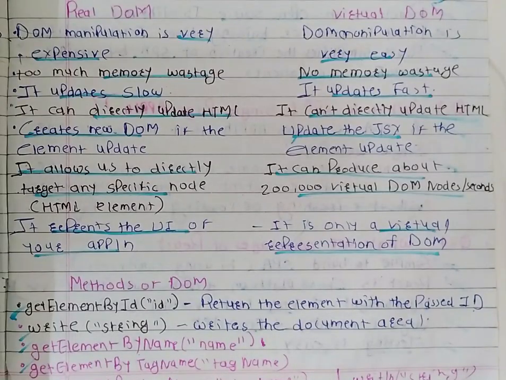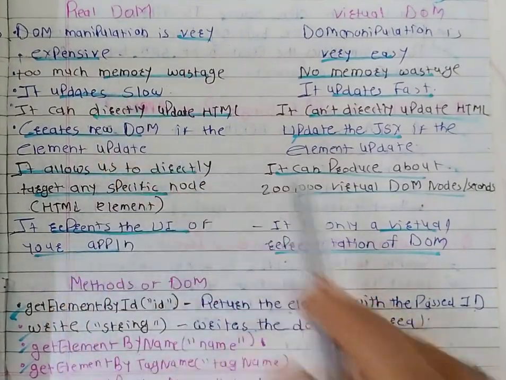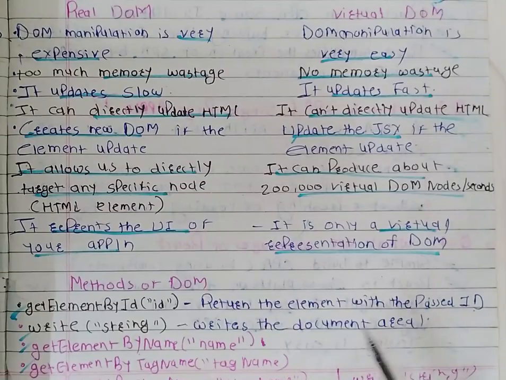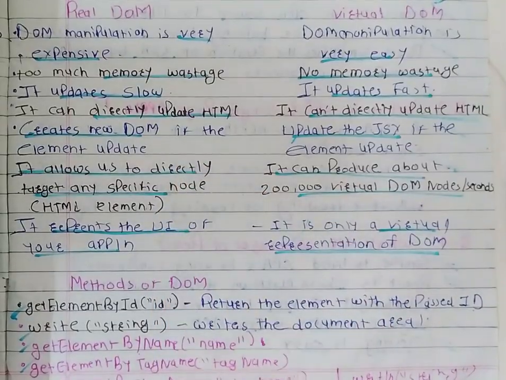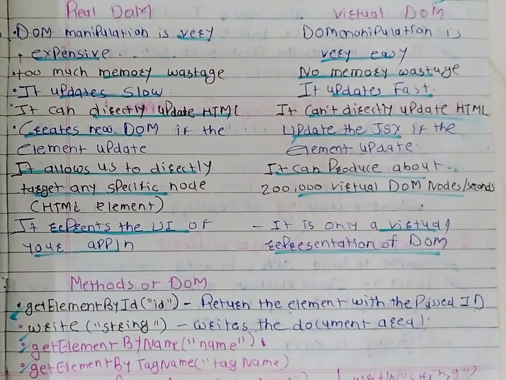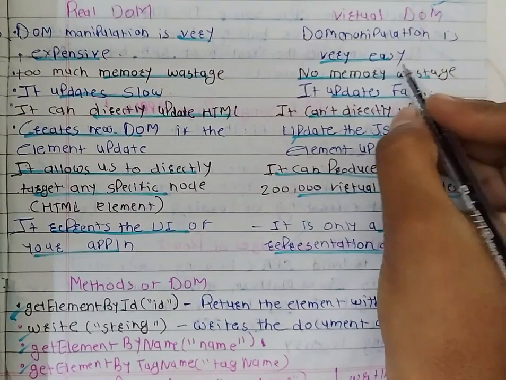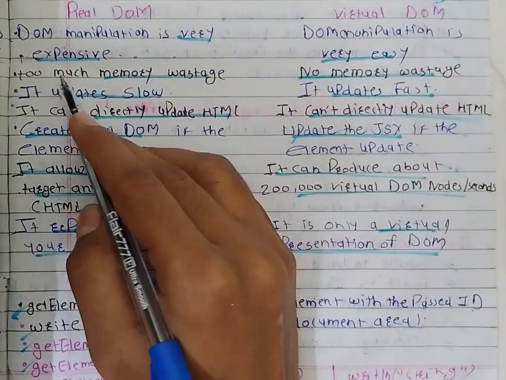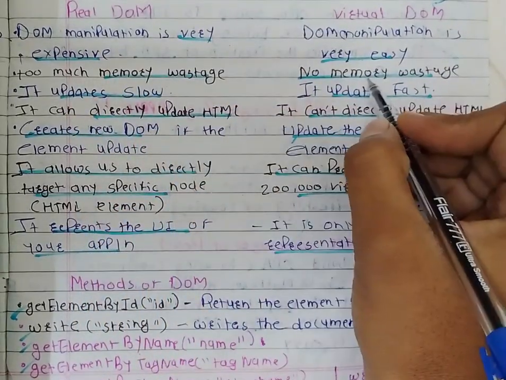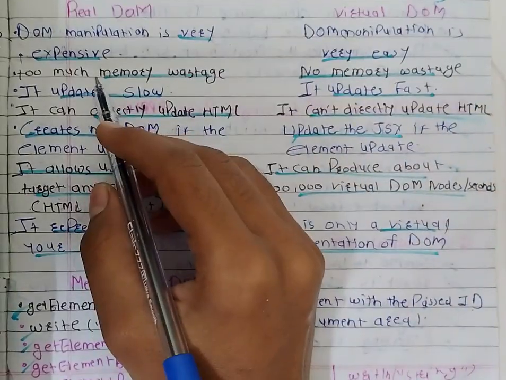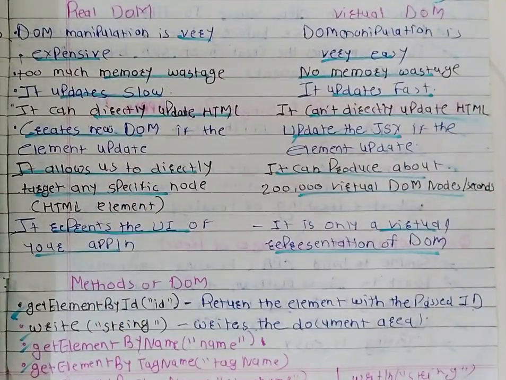So real DOM: DOM manipulation is very expensive, because if there is any change within the real DOM, it always re-renders again and again. And there is too much memory wastage.